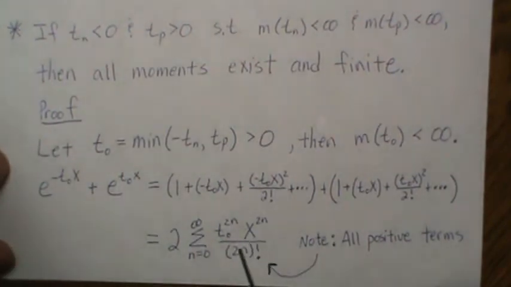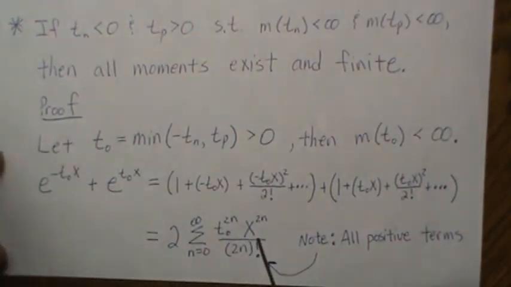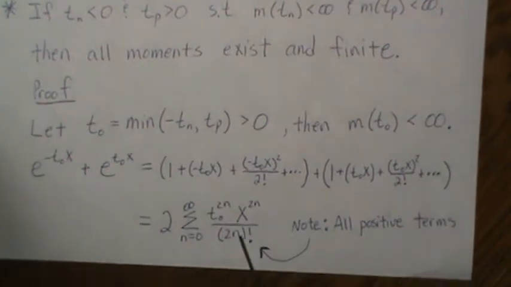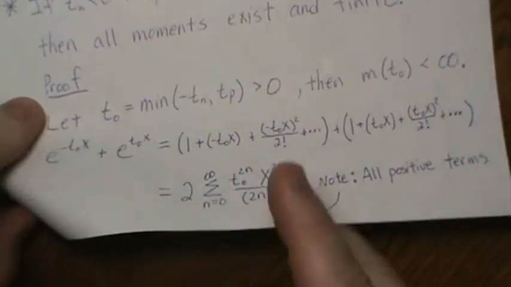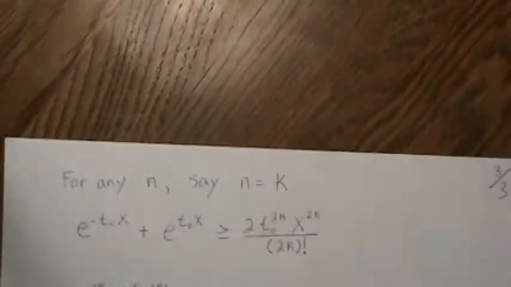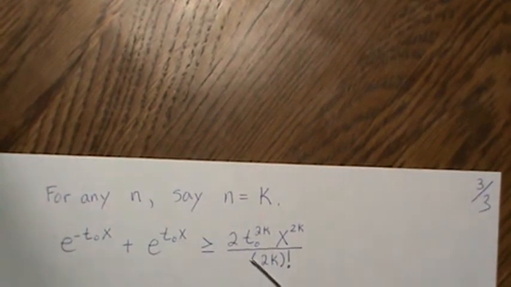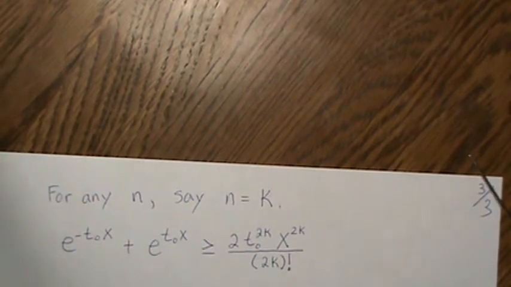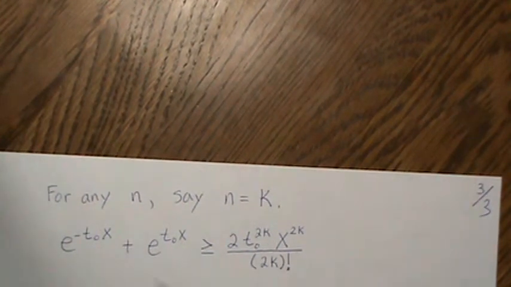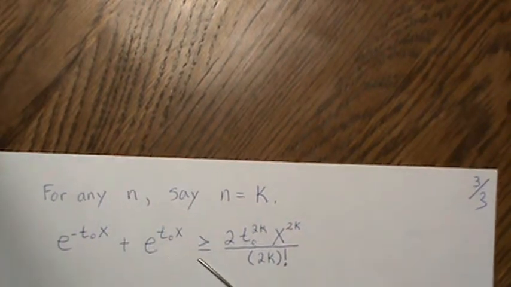Okay? So if we just pluck out one of these, and it doesn't matter which one, let's call it k. So let's let n equal k, and this is one of those terms. We're ignoring all the other positive terms. This has to be less than this over here.